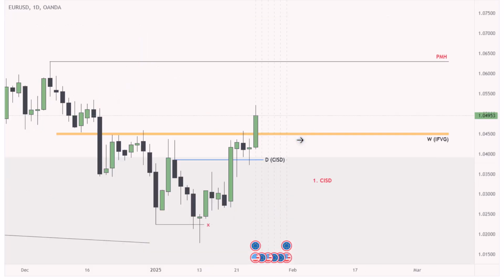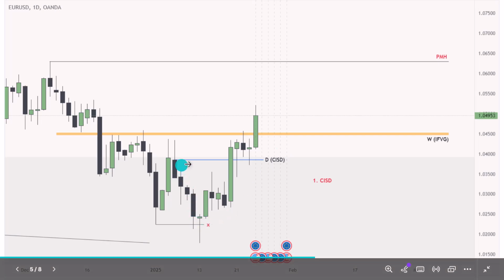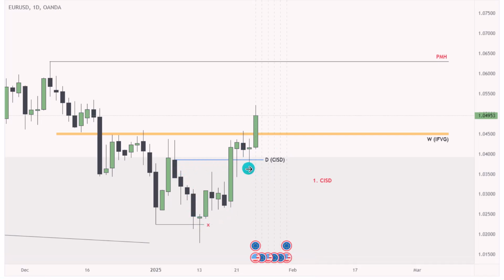Now, when we drop down to our daily charts, we can see that there is a key market structure shift in delivery that was expected. What we can see here is that the Friday candle not only inverted the weekly internal range liquidity, but also inverted a daily internal range liquidity.